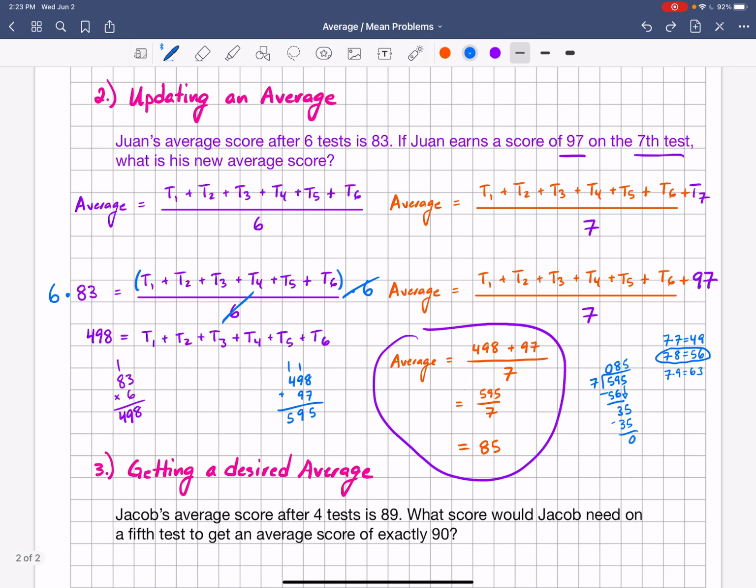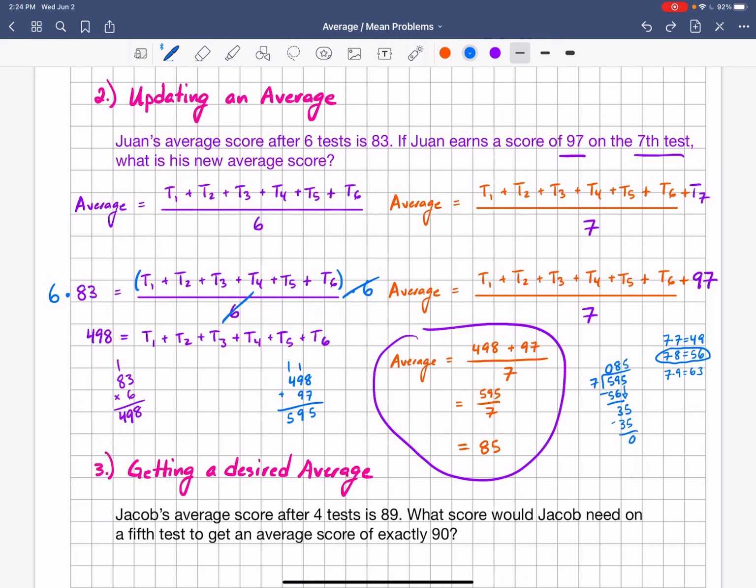So here, anytime you're going to update an average, we need to look at the average formula that would have been required to compute the first average. And then we need to come up with a new average formula required to solve for the average of a new number of tests.